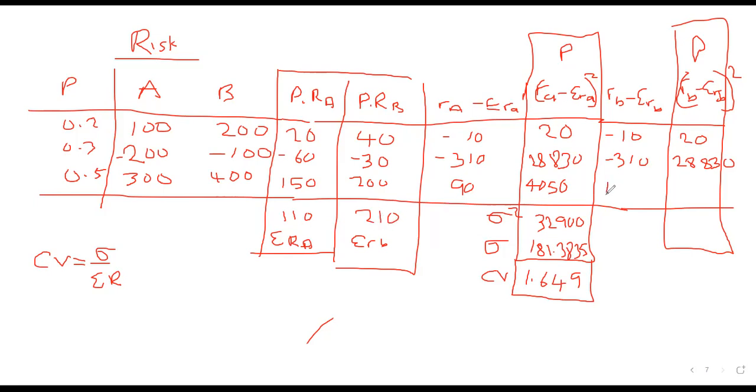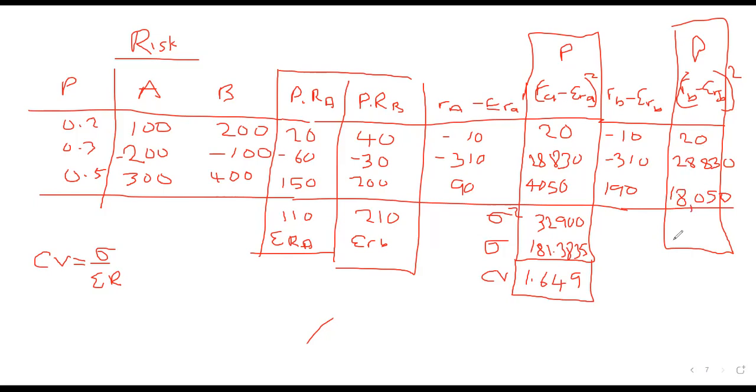So 190 squared times 0.5, what are you getting? 18,050. That's 18,050, right?